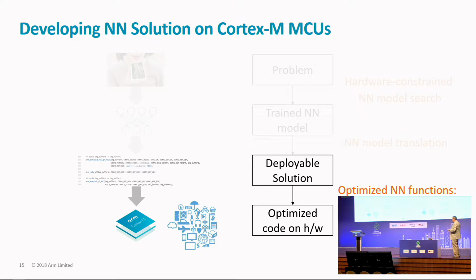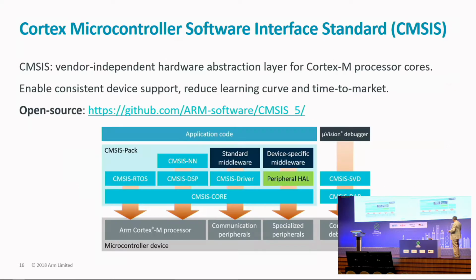Once you've got your executable program, you also want to be able to hopefully run it efficiently on the Cortex-M. For that, we introduced at the beginning of this year CMSIS-NN. CMSIS is an industry standard that Arm brought out a few years ago.